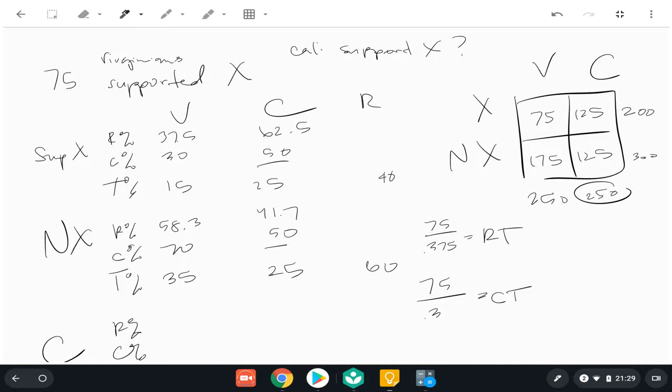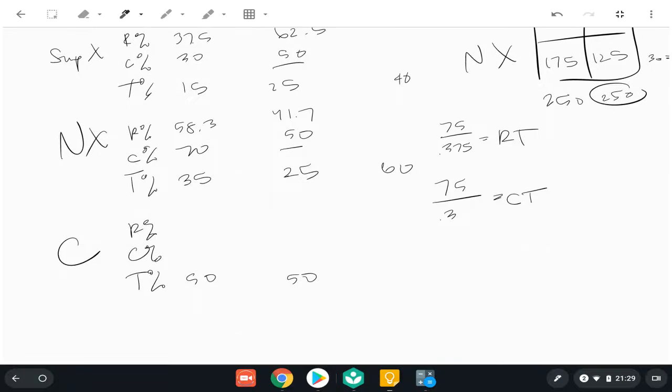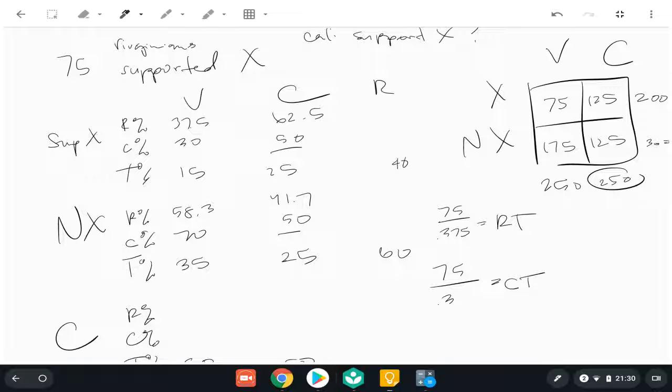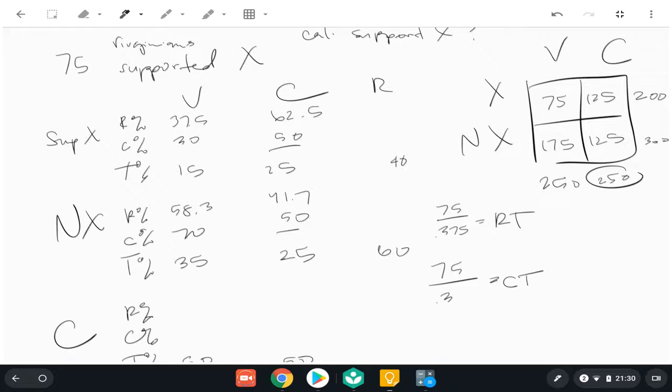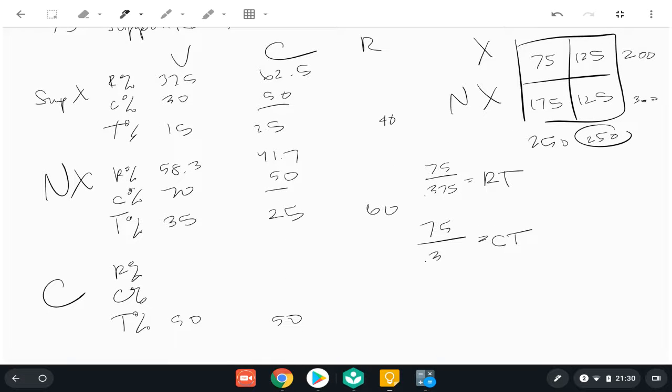So according to the help text over here, 50% of Californians support candidate X, but only 40% of all the people in the study support him, so it has association. And then they said that 62.5% are from California.